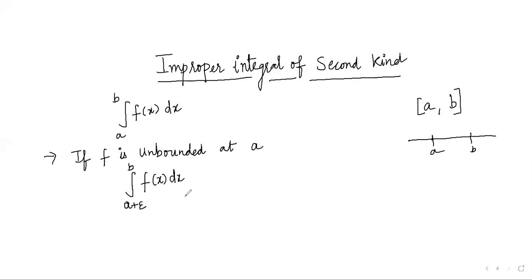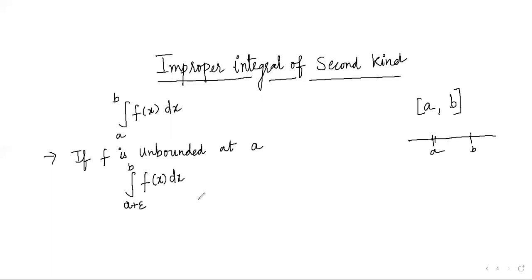What is this epsilon? This epsilon is positive, and we are moving somewhere in this interval [a, b] with the help of this epsilon, and we have here the new limits a plus epsilon to b. Why not a? We are not considering a because here the function is unbounded at this point a.